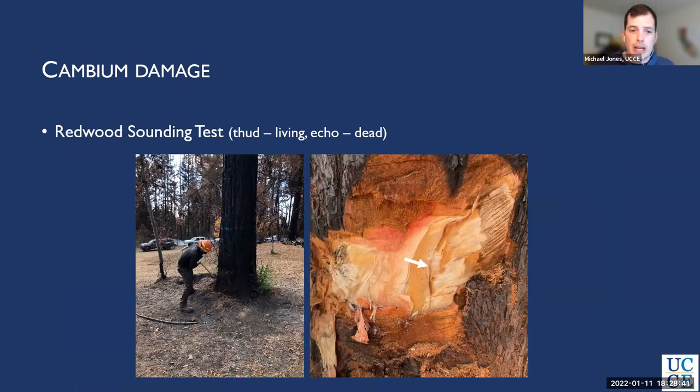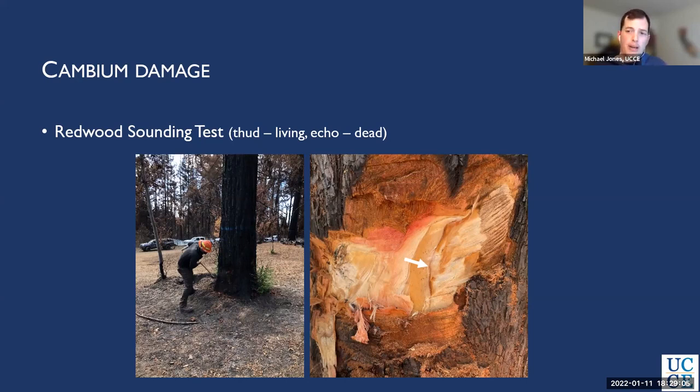Another good way, and a kind of fun way, to assess cambium damage in redwoods, if you don't want to hack into the bark like Danny was suggesting, or I do often, you can do what we call a sounding test. If you take a mallet or an axe or some blunt object and wail on the side of a tree really hard, depending on the kind of sound you get, you can make a pretty good guess at what condition the cambium is.